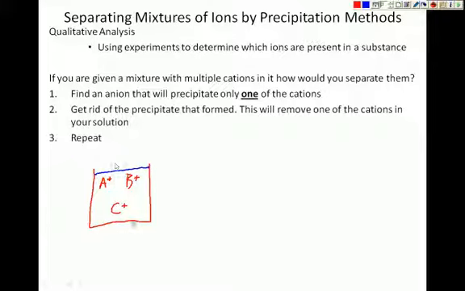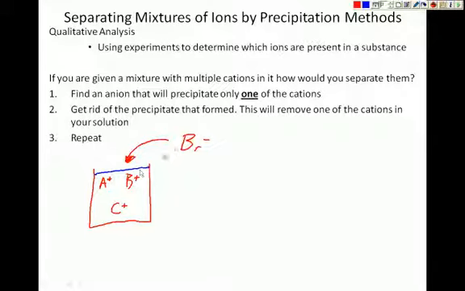So what we can do is we can find an anion that will precipitate only one of these cations. So maybe let's pretend an anion like bromide anion. So Br minus, we can take this and we can put this into the solution.